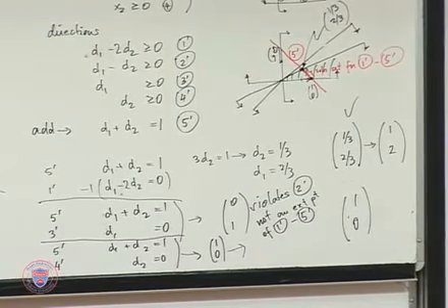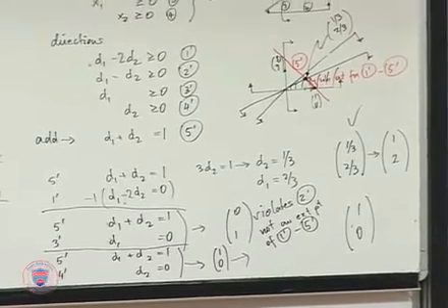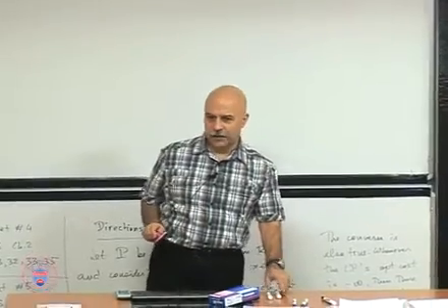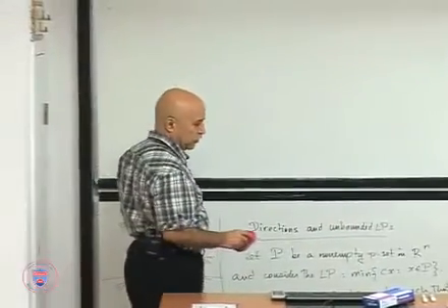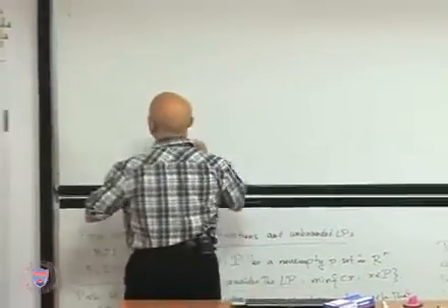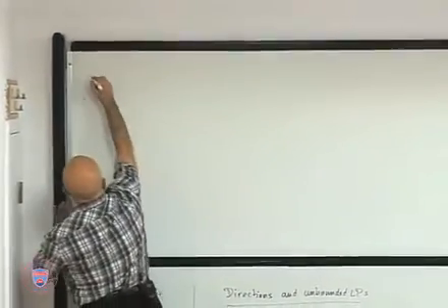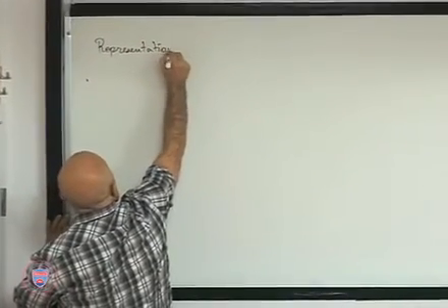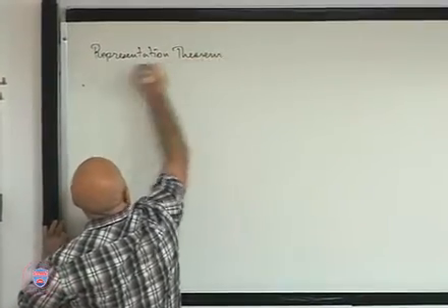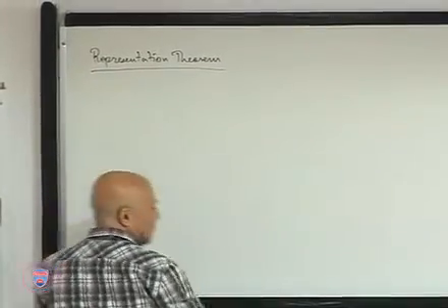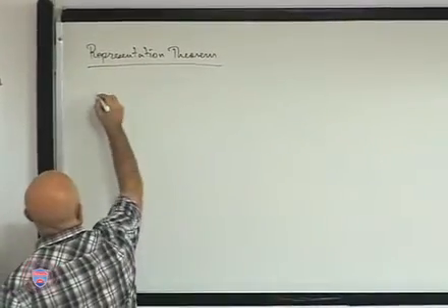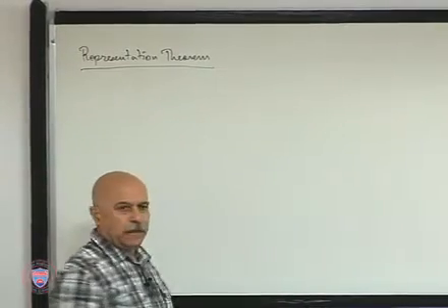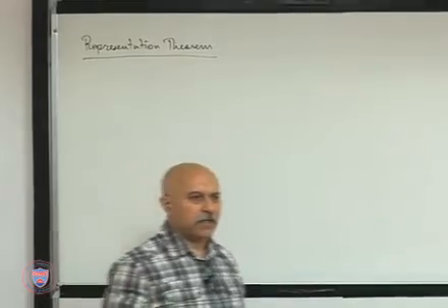So that brings us to the discussion of how to represent polyhedral sets in terms of their extreme points and extreme directions. That's a useful representation. So let's talk about that. I don't recall if I defined a convex hull for you or not.